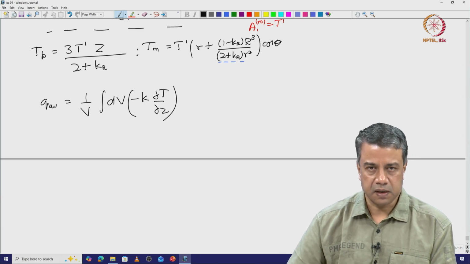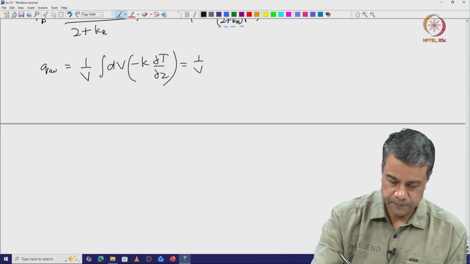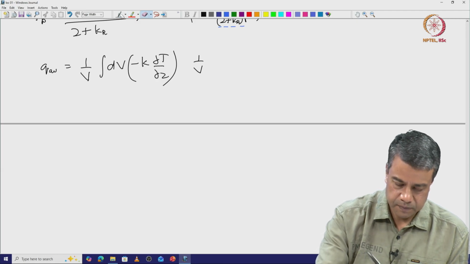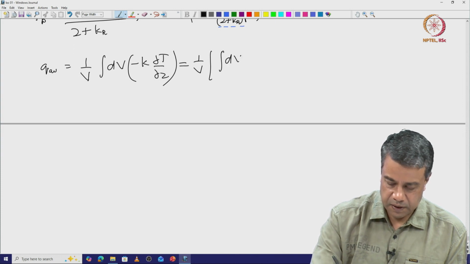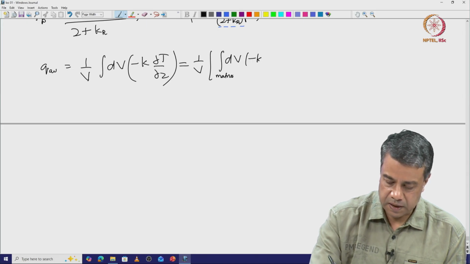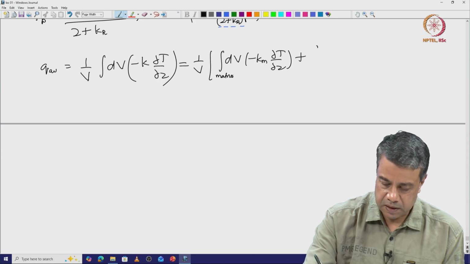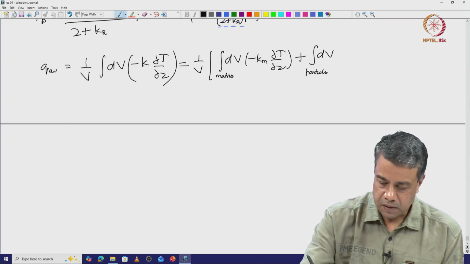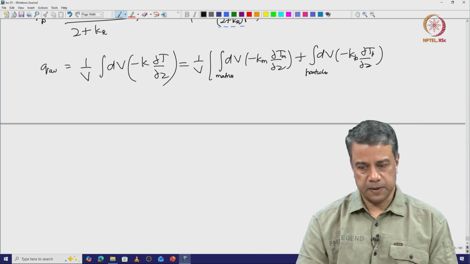So, I can write it out expanded in terms of the two parts as 1 over v integral dv over the matrix of minus km partial t by partial z, plus integral over the particles of dv of minus kp partial t p by partial z. This is the matrix.